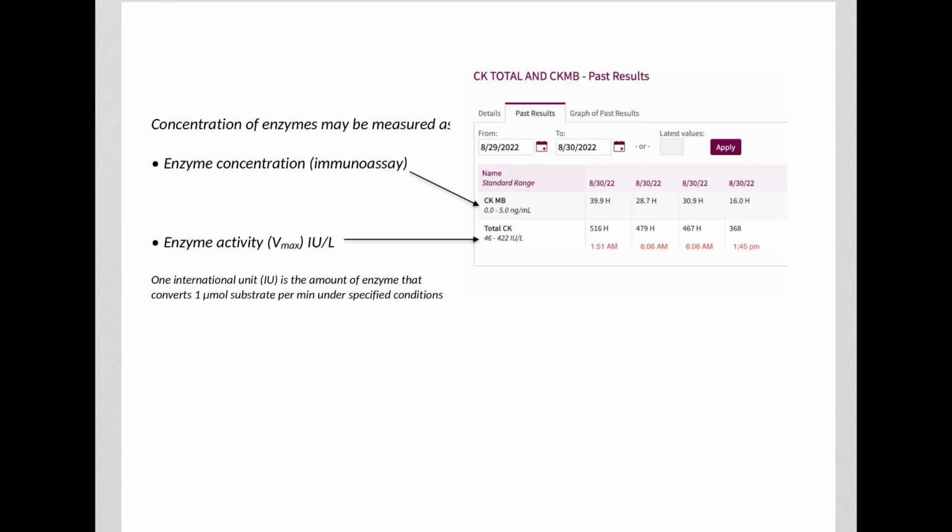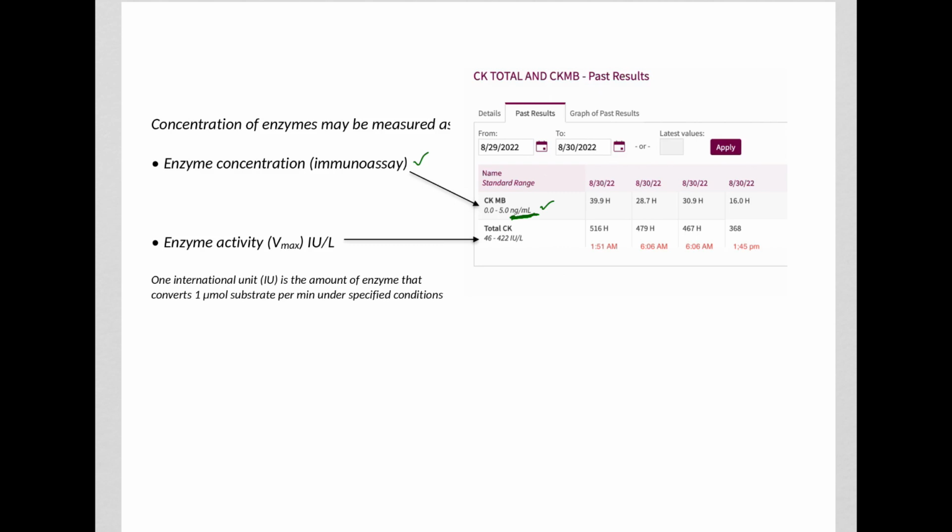So while immunoassays will give you the actual concentration, so for example here we have nanograms per mL, because remember enzymes are found in very, very small amounts, so having nanograms per mL or picograms per mL is quite common.